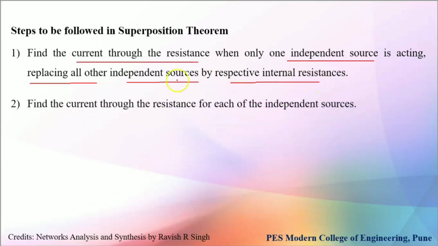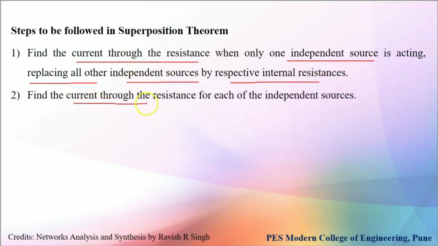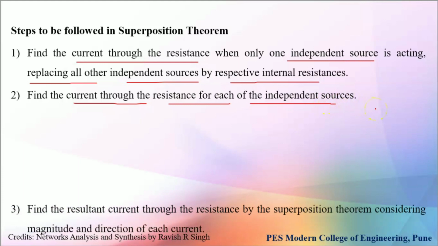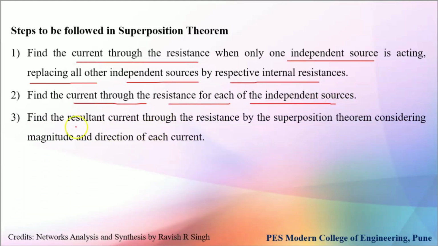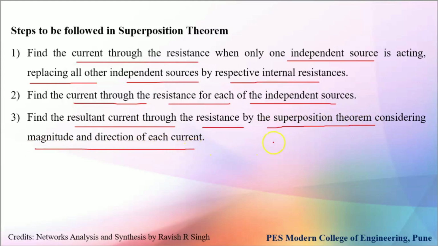Step number 2: Find the current through the resistance for each of the independent sources. Step number 3: Find the resultant current through the resistance by superposition theorem, considering the magnitude and direction of the current.